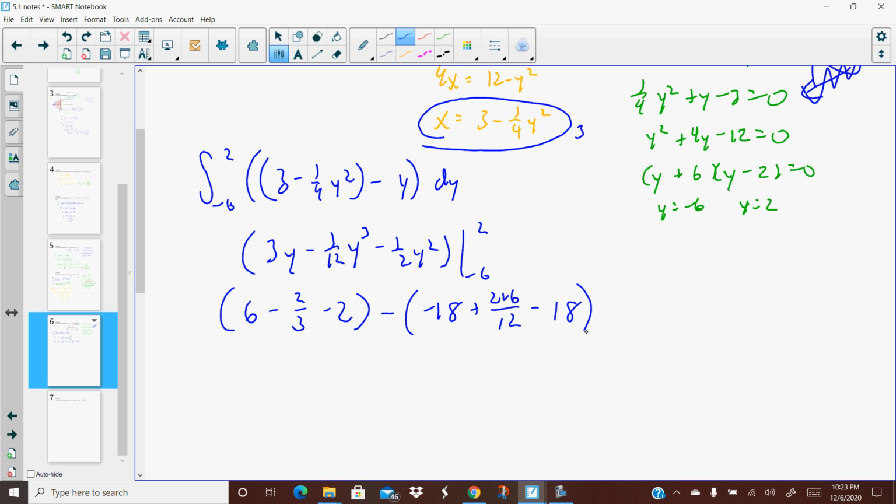All right, let's start figuring this thing out. So in the first parenthesis, 6 minus 2 is 4.